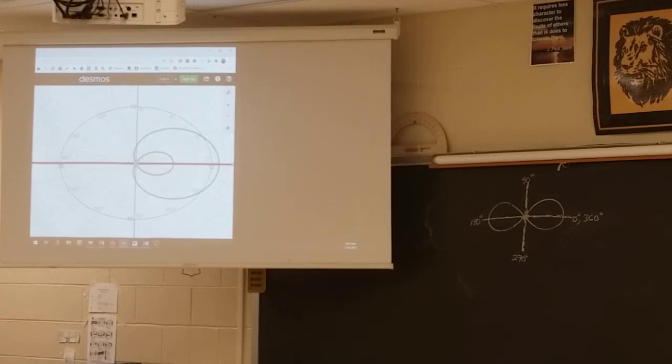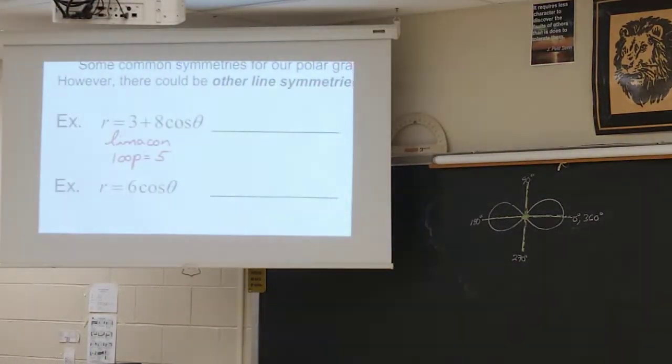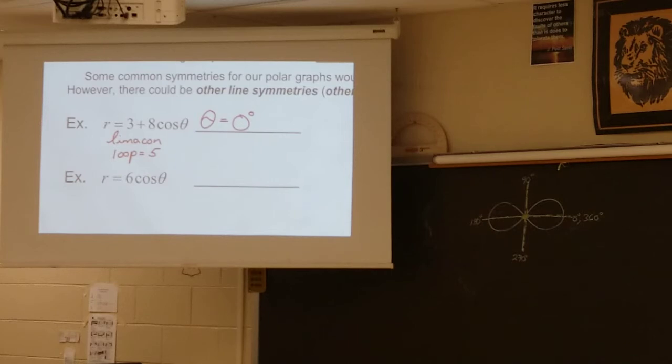Now when we say 0 degrees, we want to give that as an equation. Let me make sure that I model this for you here, because it's as easy as just saying theta equals 0 degrees. That would actually be the equation form. And as I said, that's the same as the polar axis.